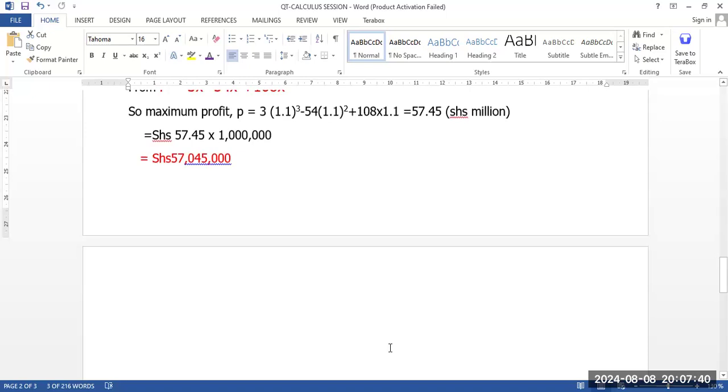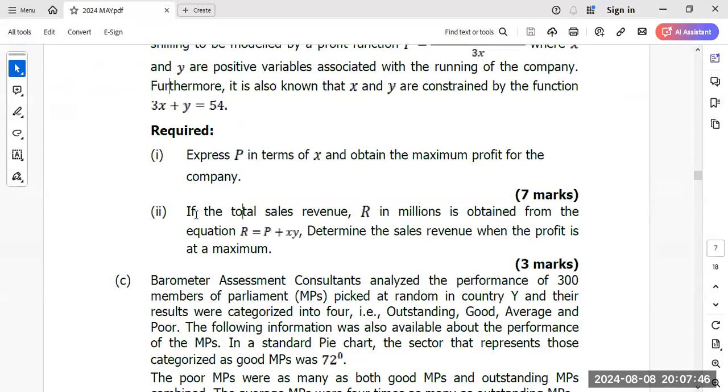So the next part. The next part, they are telling us that if the total sales revenue R in million shillings is obtained from the equation P plus XY, determine the sales revenue when profit is at maximum.